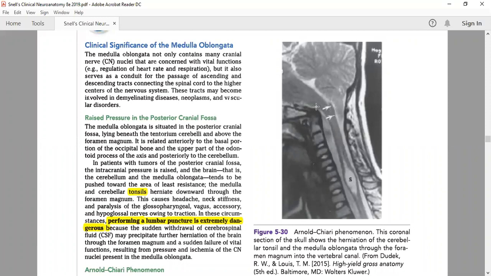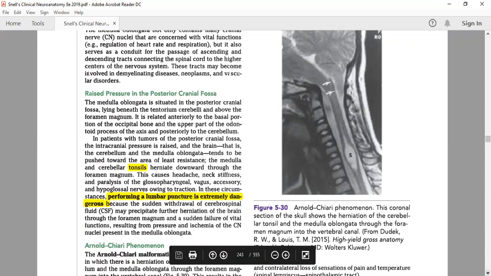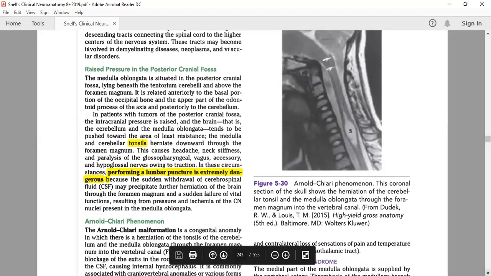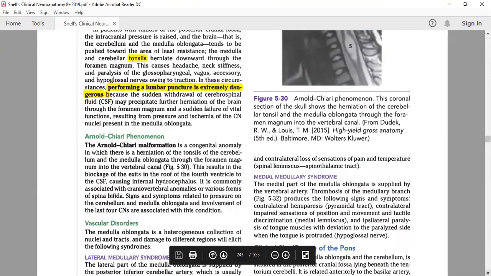The coronal section of the skull shows the herniation of the cerebellar tonsil and medulla oblongata through the foramen magnum into the vertebral canal. So herniation of the cerebellar tonsil and the medulla oblongata is known as Arnold-Chiari malformation.